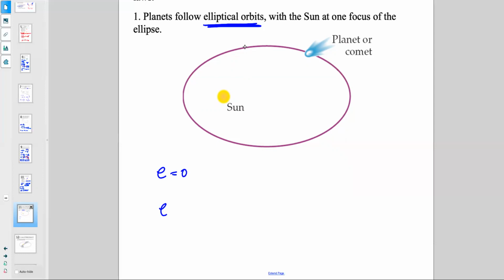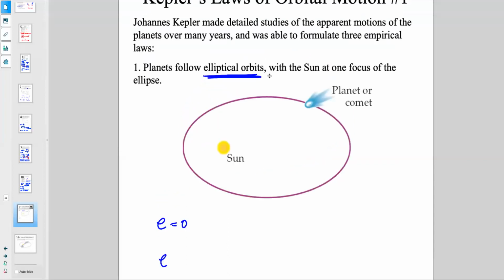It's not a perfect circle. And that was the error. The theoretical values, using a perfect circle, were off by 8 arc minutes from Tycho's observations of the planets' orbits. So Kepler's first law is that planets follow elliptical orbits with the sun at one of the focus points.